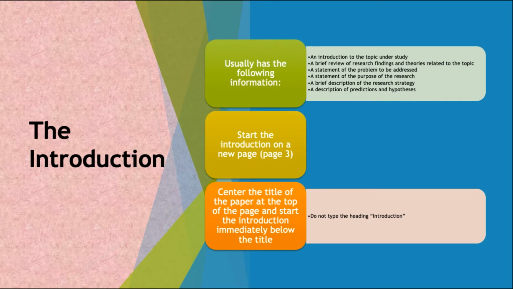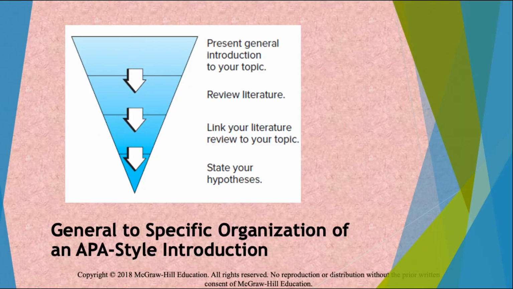Don't forget to start the introduction on a new page, page 3. Center the title of the paper at the top of the page and start the introduction immediately below the title. And do not type the heading, introduction. So remember, in APA style, we follow a general to specific organization.